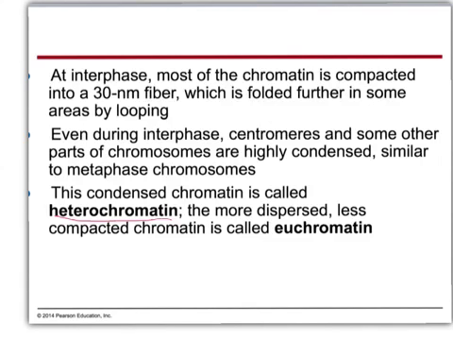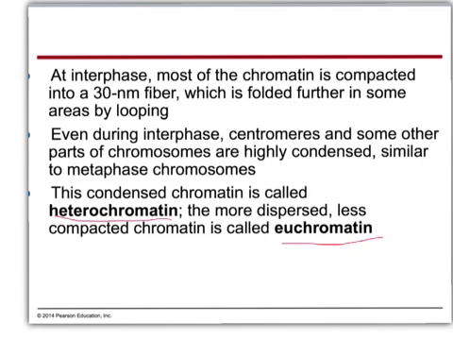In some cases, there's a more dispersed form. You have to be able to get to the DNA to make RNA and produce proteins and replicate the DNA, etc. That is called euchromatin. Euchromatin is less condensed and is a more active type of DNA.